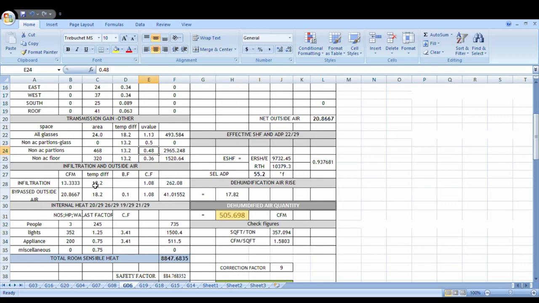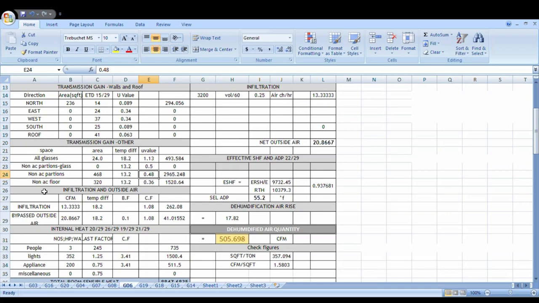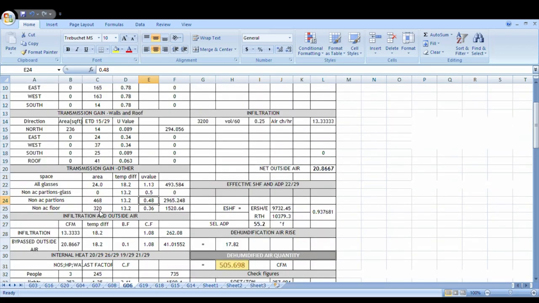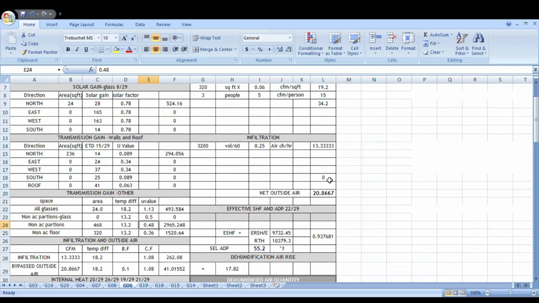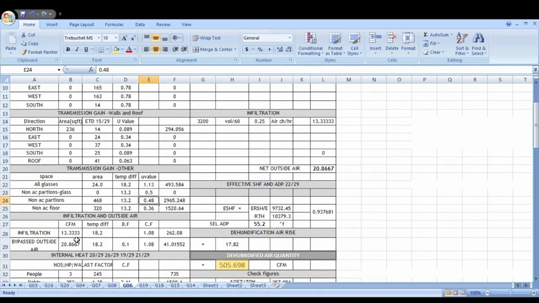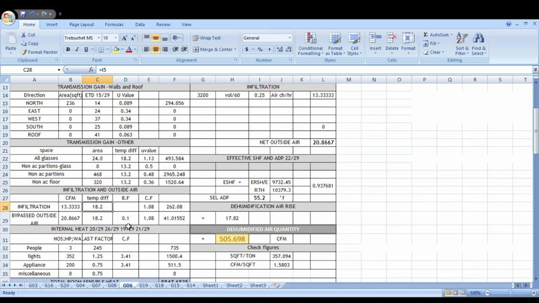Now you will do infiltration and outside air. You need not change anything; it will come automatically. Infiltration is 13.33, temperature difference is 18.2, and CF is the conversion factor, converting CFM into BTU.